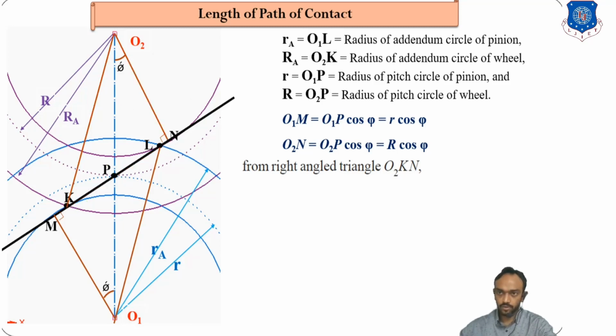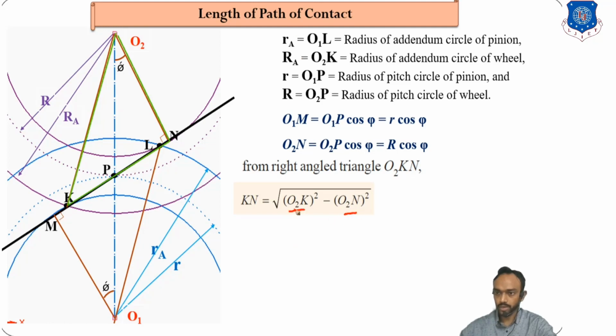So first of all, from this triangle O2KN, what will be the KN? As per Pythagoras, you already know that it is the square root of O2K square minus O2N square, and among this you have to find O2K and O2N. You know that already.